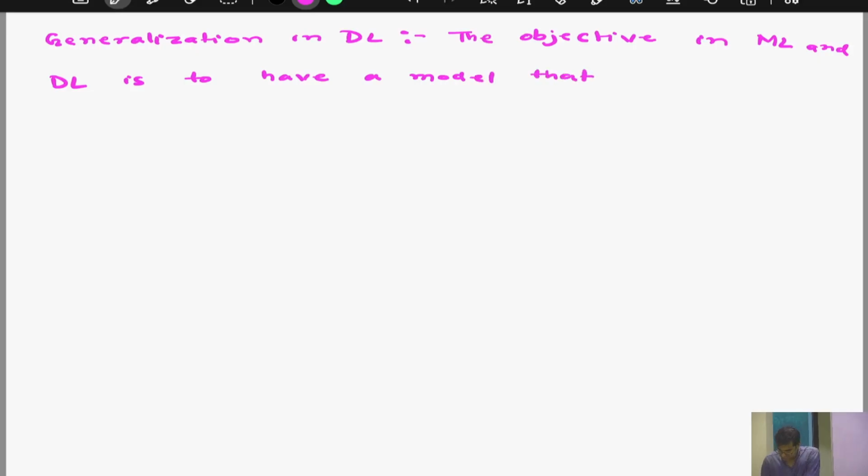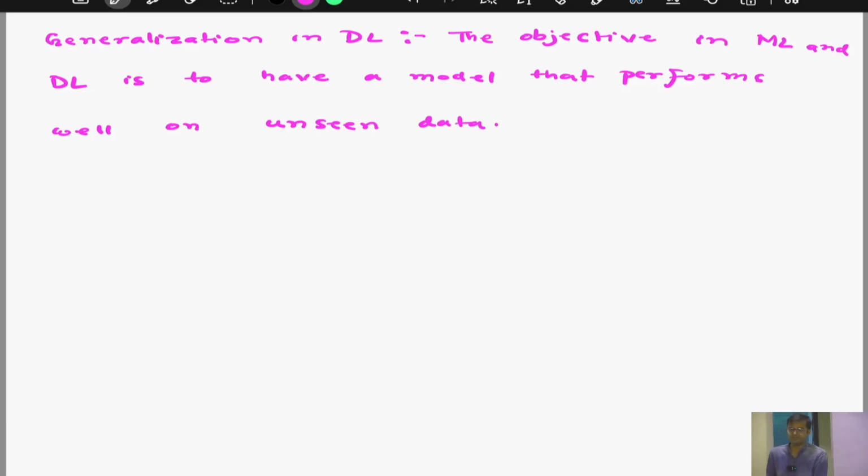So, the objective in ML and DL is to have a model that performs well on unseen data, unseen input, X star.